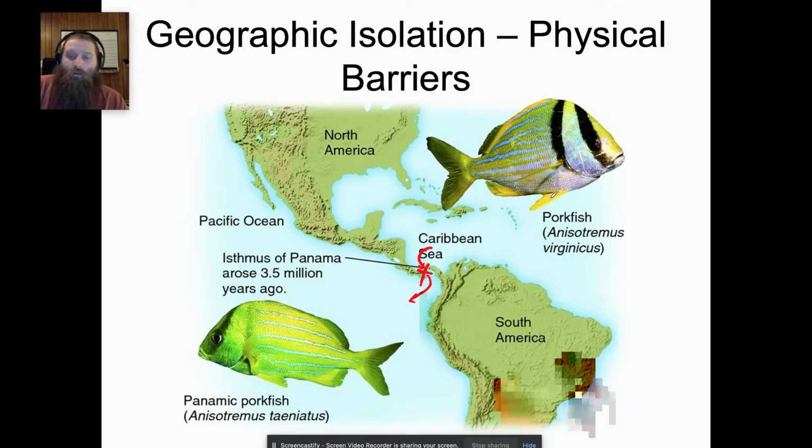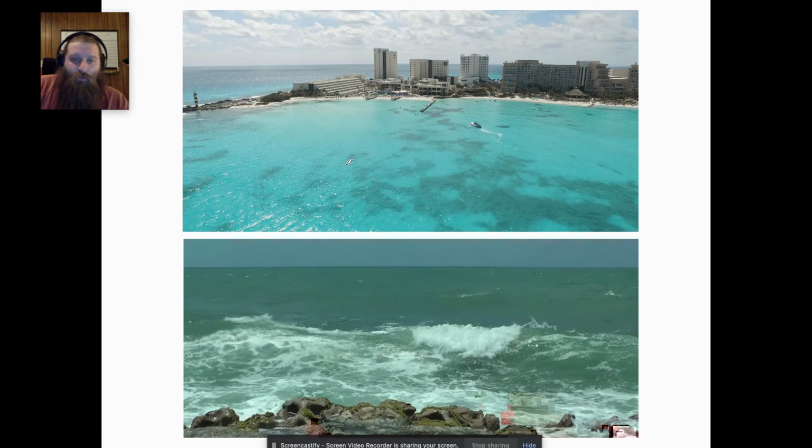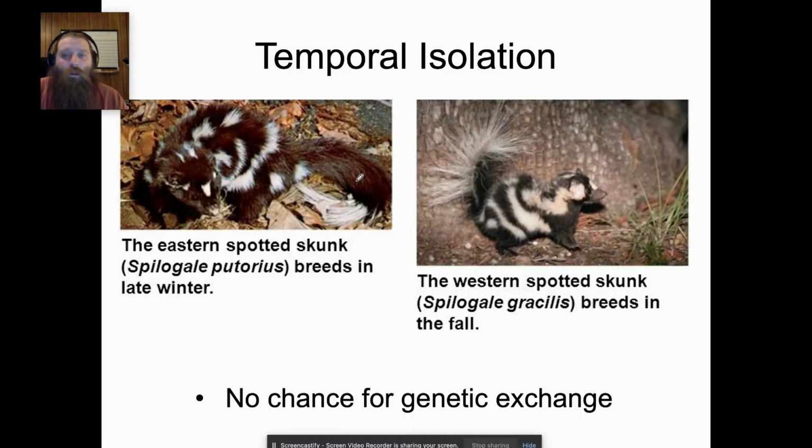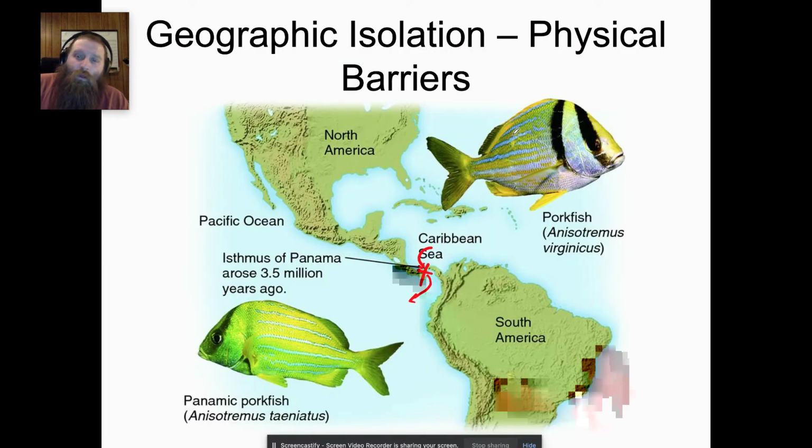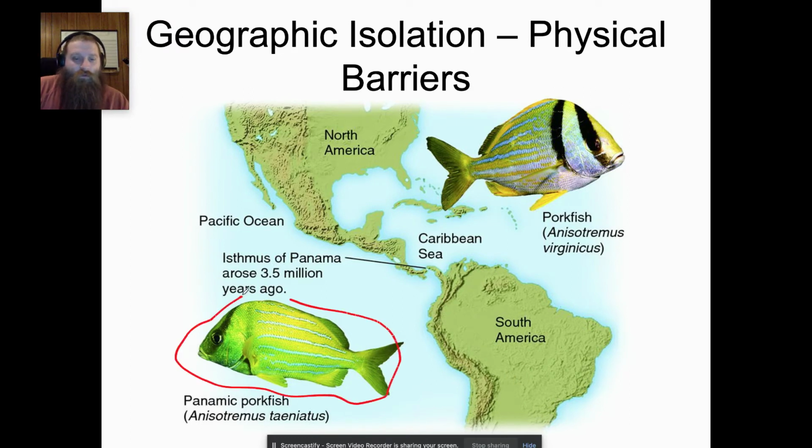If you're living in the Caribbean Sea, right up top, you have this nice blue color. It's pretty clear water. It makes sense that in order to camouflage, you probably have some of these blue streaks. On the other hand, if you're living in greener water, those colors are more muted in order for you to be adapted to survive. And so the porkfish that lives in the Pacific Ocean has changed.